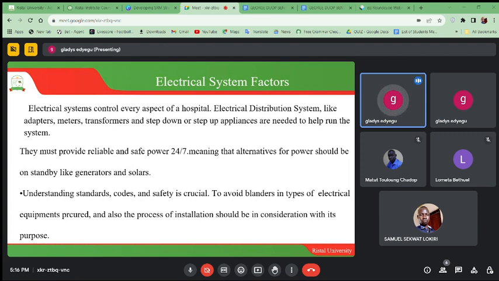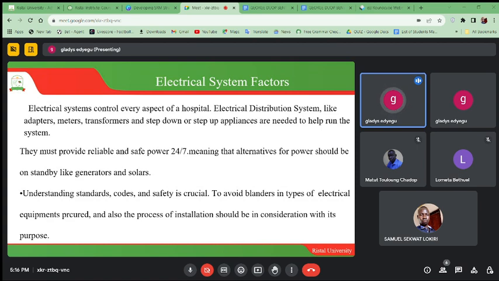So understanding the codes and the standards of installing these equipments is very key and crucial for the safety of our patients and the safety of our machines, because we know that these machines are very expensive. And since they are very expensive, we also need to make sure that we handle them well. So we need to avoid blunders in types of electrical equipment.